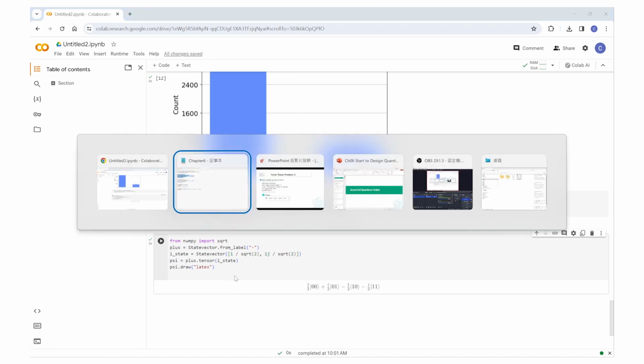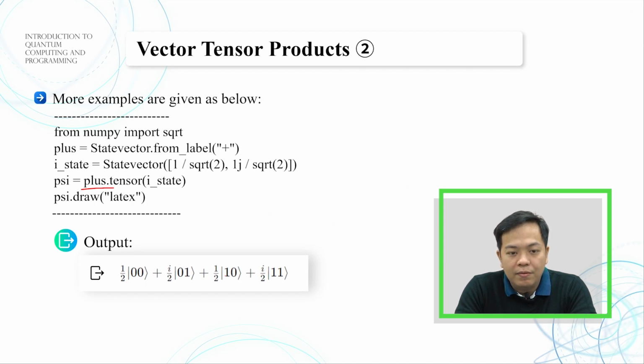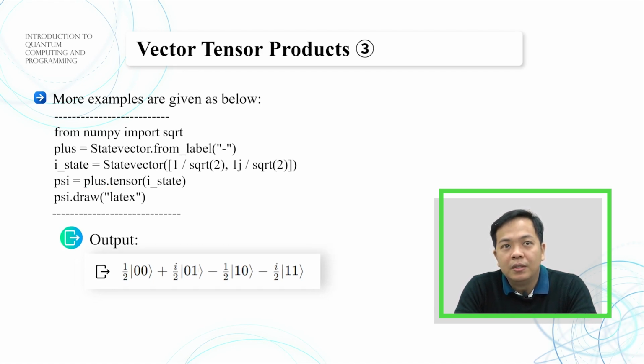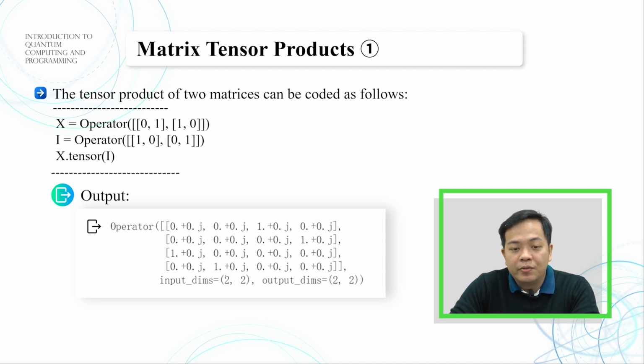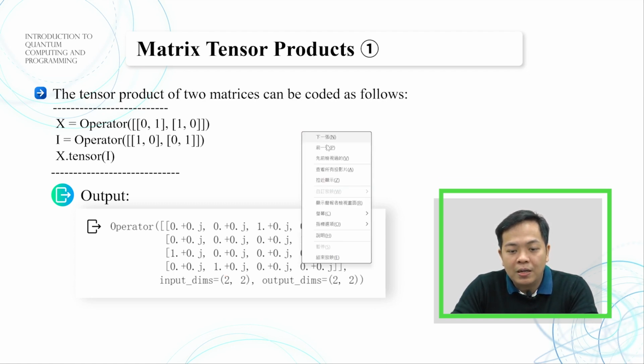Okay, go back to our lesson. So over here, that is how you can simulate the vector tensor product for one state vector. And if you want to make a tensor product for two matrices, you can use this kind of command in the simulation. Remember in the screen we can define this first vector, the first matrix.